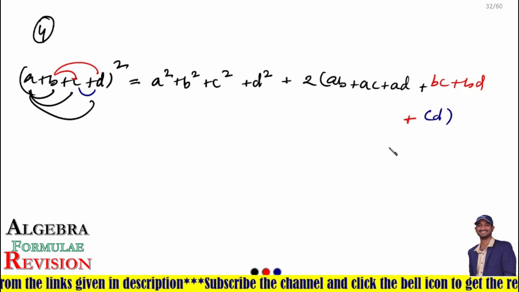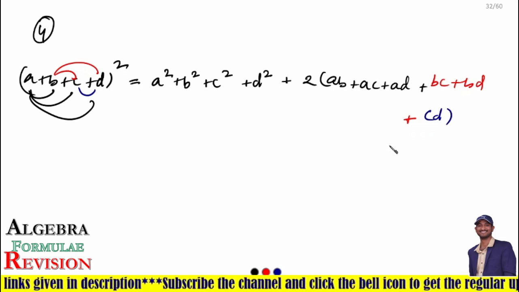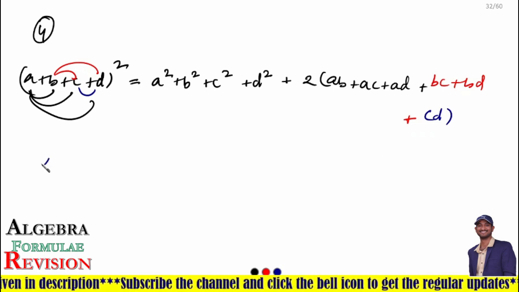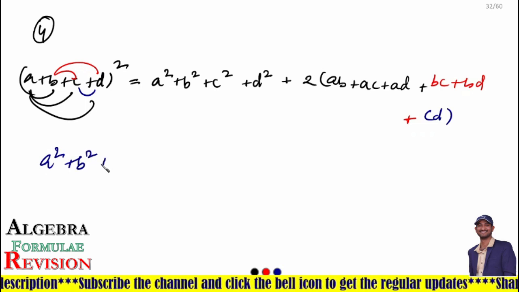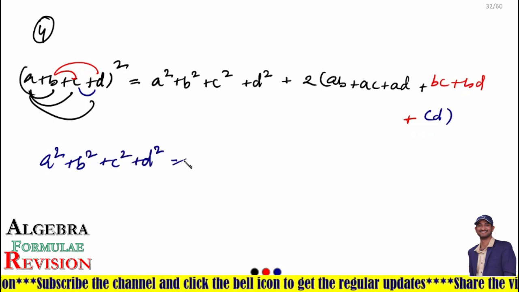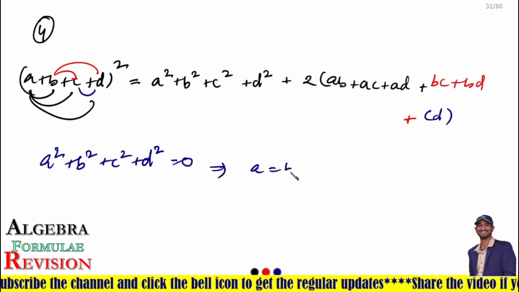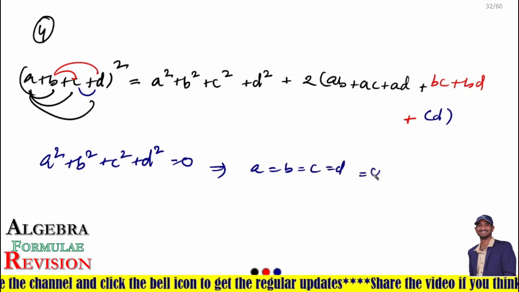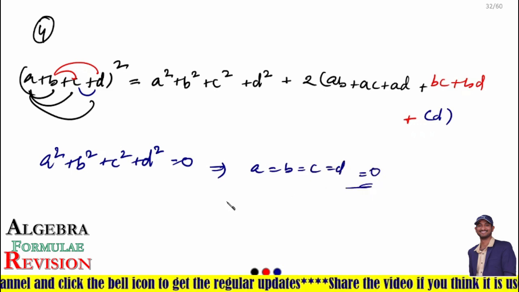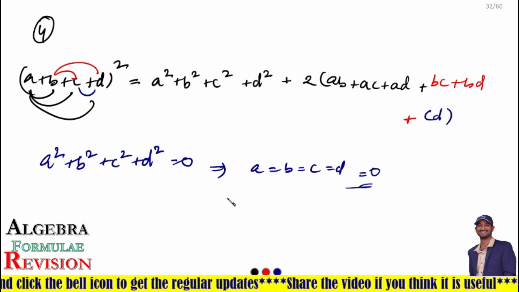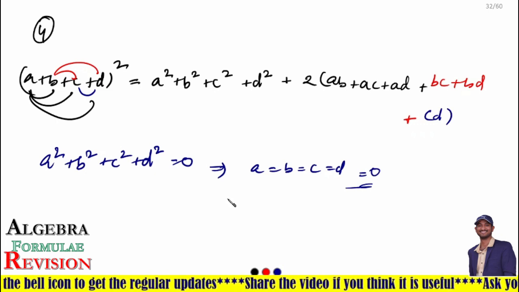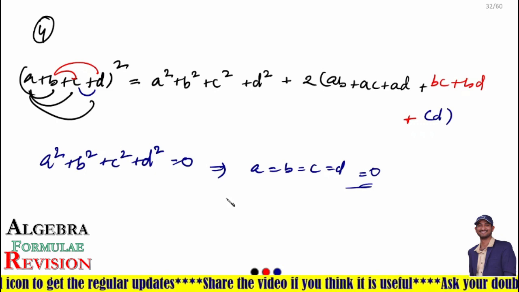That's it. This is the direct formula for (a + b + c + d) whole square. Here also, if the sum of the squares of the variables is 0, then of course all the variables are equal to 0. Is it clear? All these are second degree identities with 2 variables, 3 variables and 4 variables.